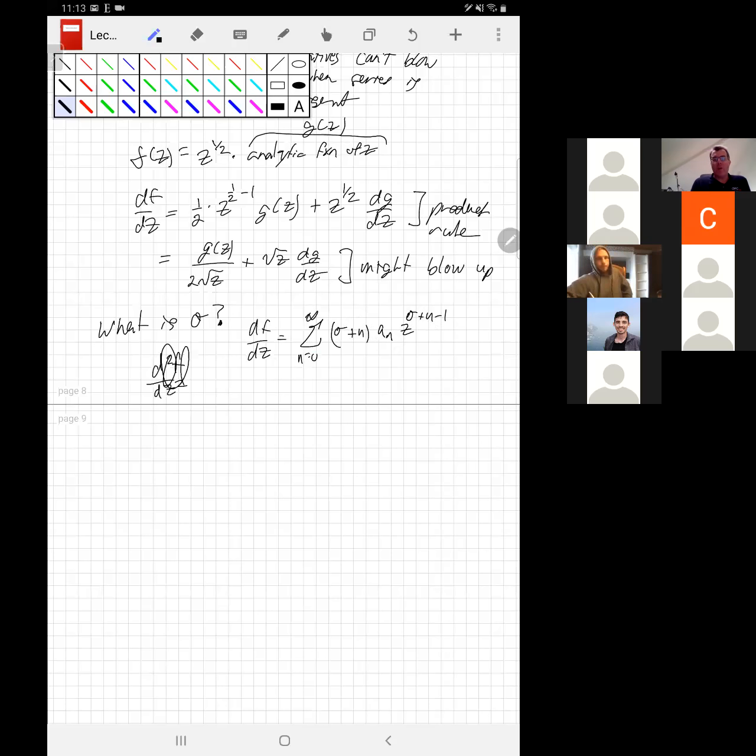So that I don't have to use the product rule when taking derivatives. If I did, I would get something much messier that would eventually simplify to this. Then d squared f by dz squared would be the sum from n equals 0 to infinity of sigma plus n minus 1 times sigma plus n an z to the sigma plus n minus 2.